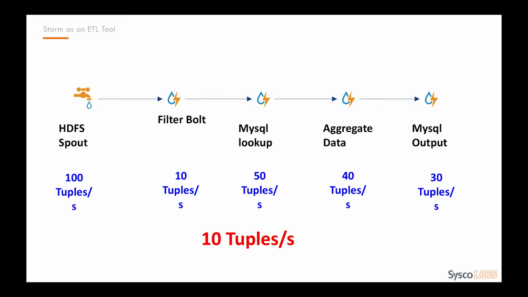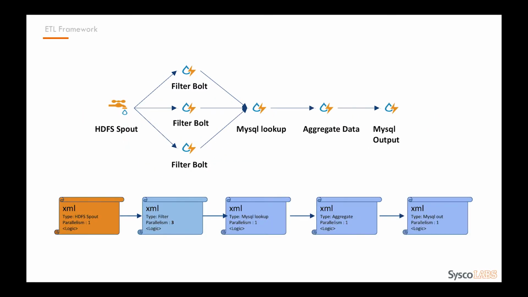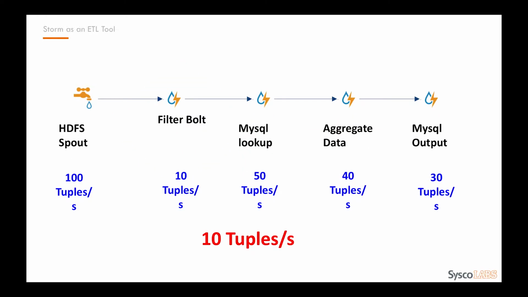So say we added 2 more workers for the filter bolt, so we will get a topology like this, where we can see now we have 3 filter bolts resulting in 30 tuples per second, which will improve the topology speed to 30 tuples per second.